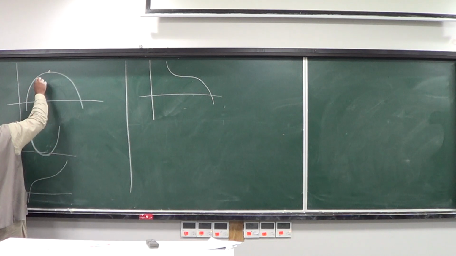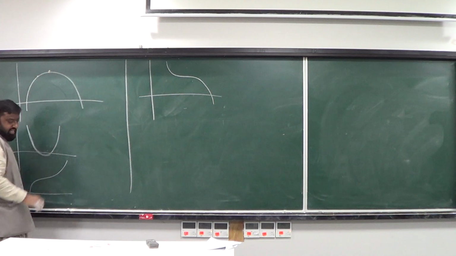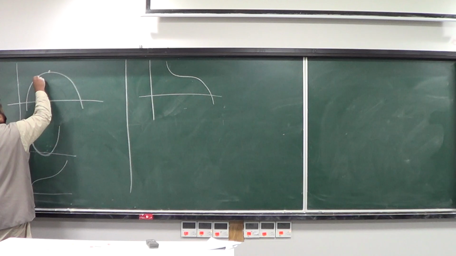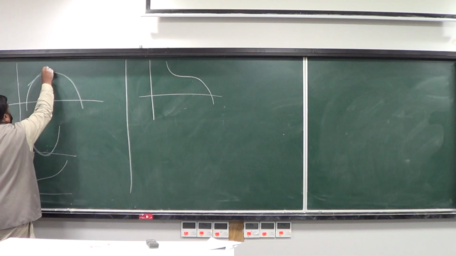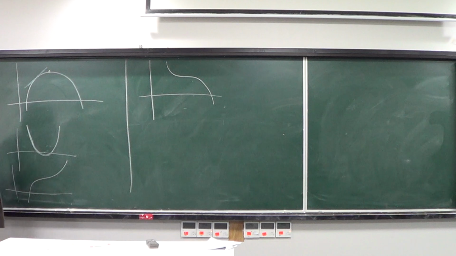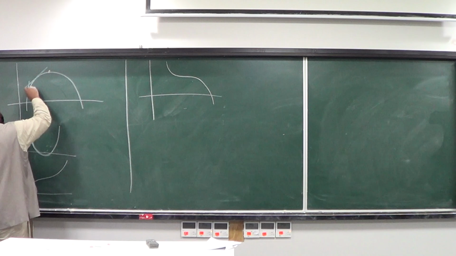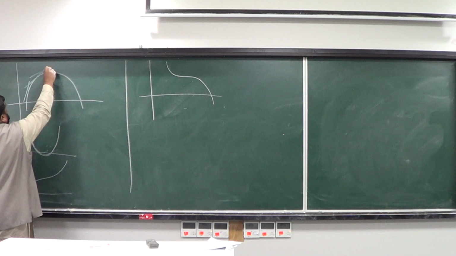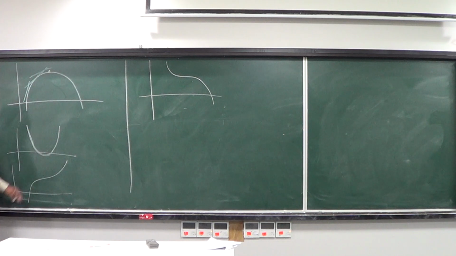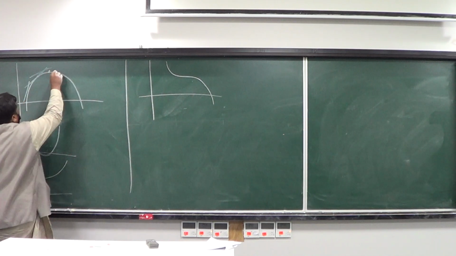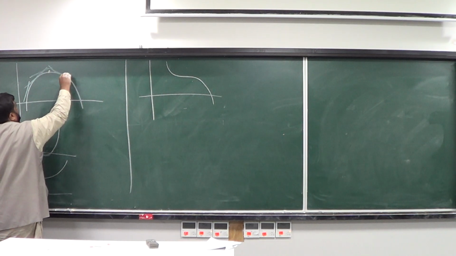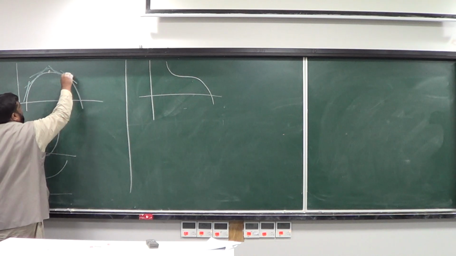So the derivatives, or the slopes, before the maximum point are always positive. No matter where you draw a tangent line, it is always going to have a positive slope. And after the maximum, wherever you draw a tangent line, it is going to have a negative slope.